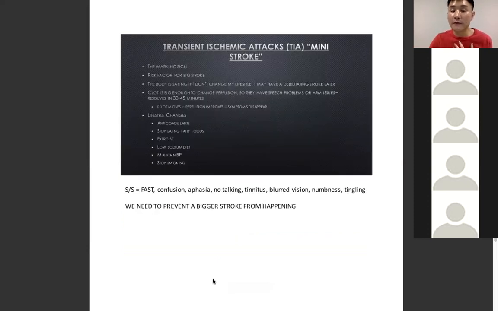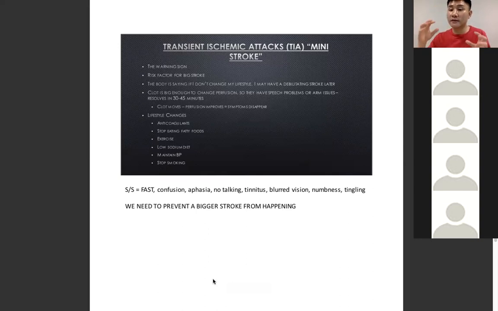Okay, so the first kind of stroke is the mini stroke. Why do we call it mini? The proper term for mini stroke is transient ischemic attack. This is kind of like a warning sign for the patient. This is because there is an occlusion in the artery that is obstructing blood flow to the brain.